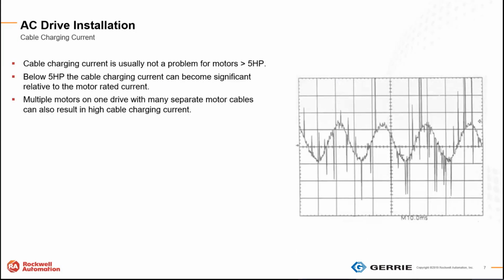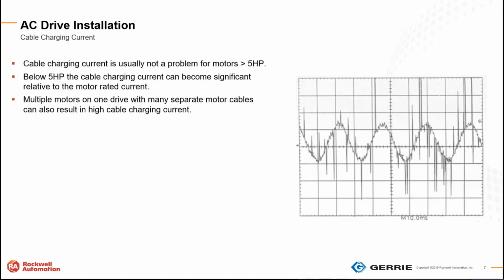So if we take a look at each one of these individually, the cable charging current, what we're looking at there is the actual ringing effect of the cable, of the charging of the capacitance within the cable going out. One of the things I will say too is that typically this is an issue that we find in applications less than 5 horsepower.